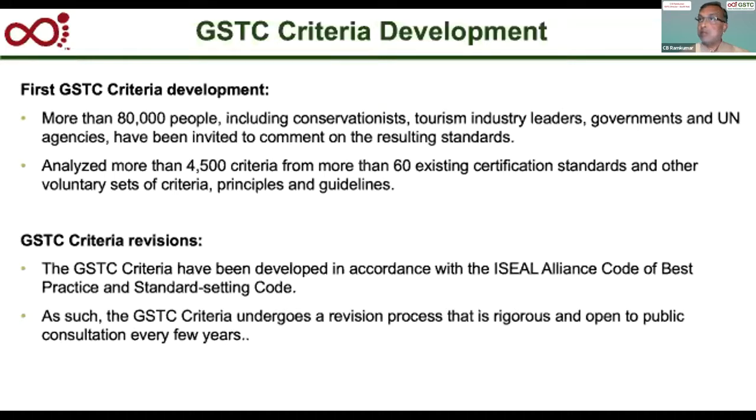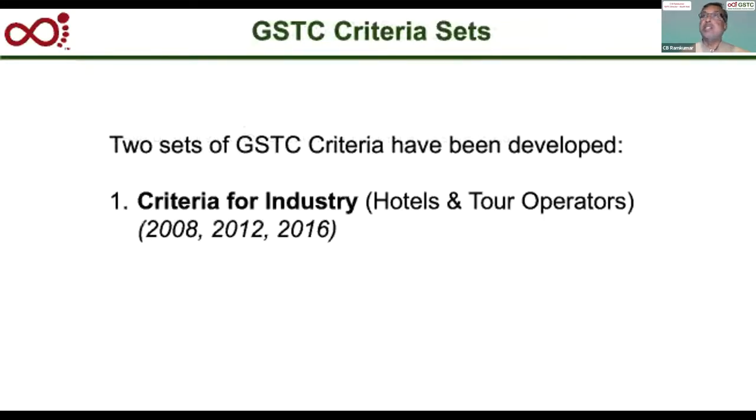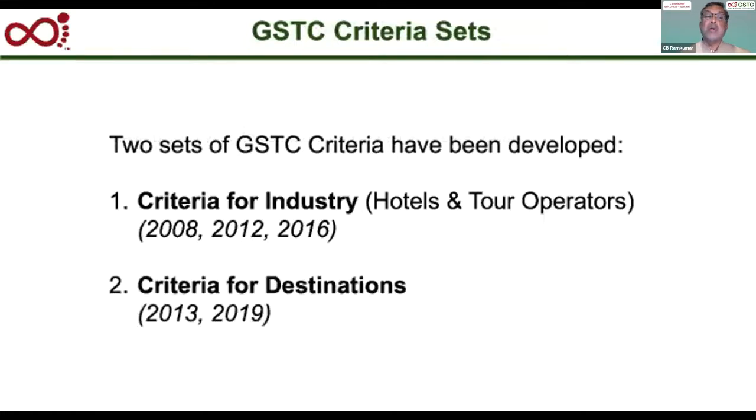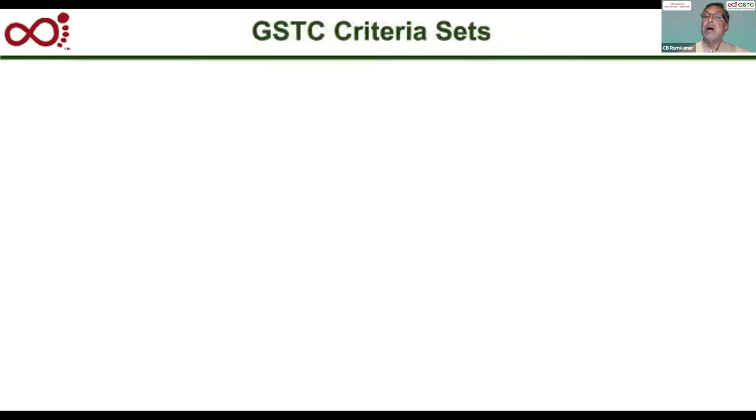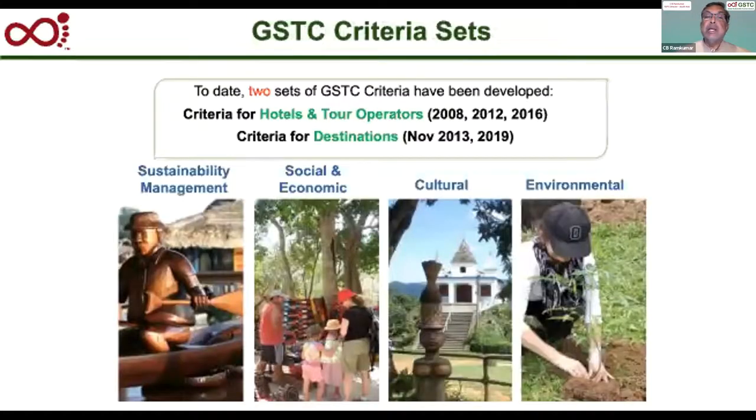It's open to public consultation every few years, depending on what the need is. So 2 sets of criteria have been developed until now: the criteria for industry, hotels and tour operators, and the criteria for destinations. Now, the criteria for the industry is based on 4 pillars.